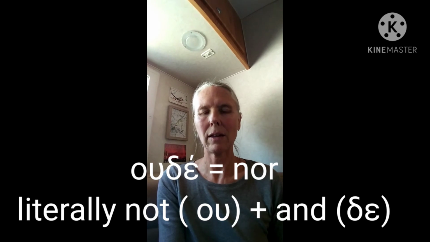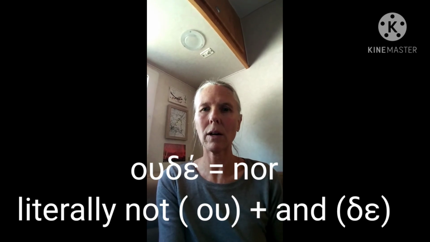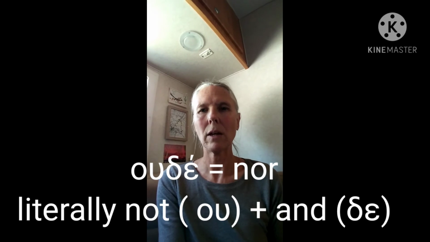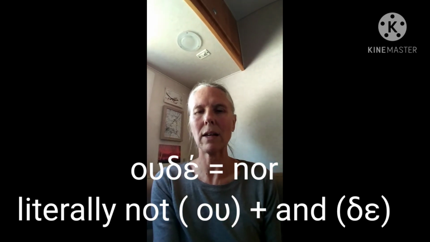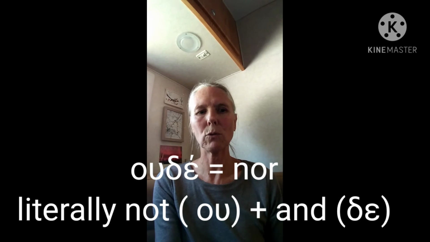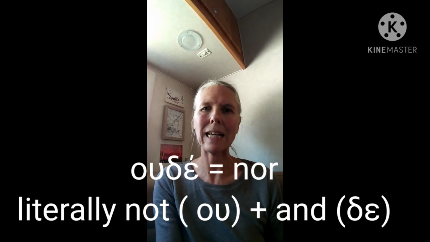So the second part, de, can mean and by standing alone, and the ou, as we've just seen, is a negating particle. So it's not and. So that's just kind of interesting. You could maybe guess if you didn't know what oude meant.